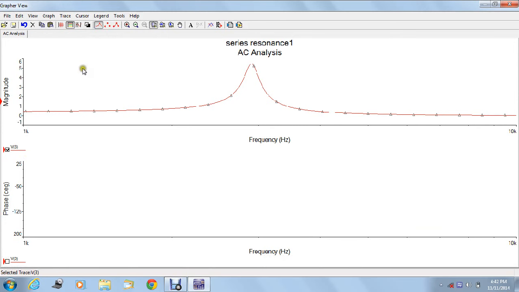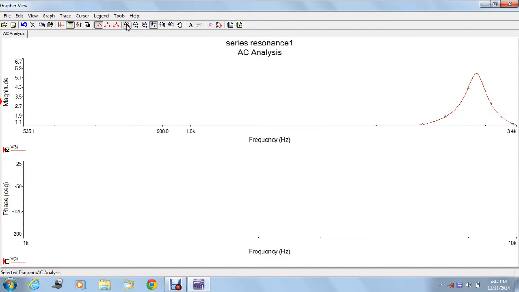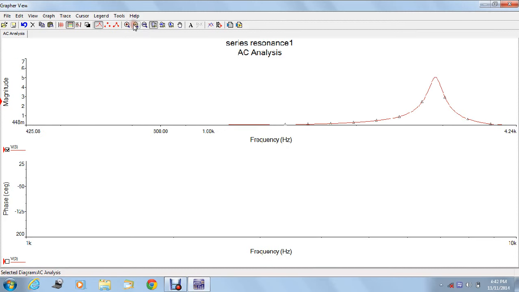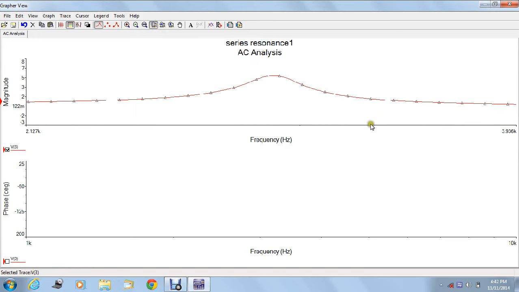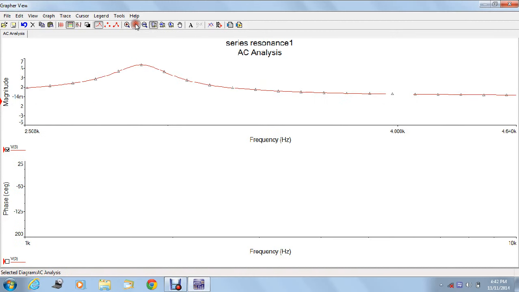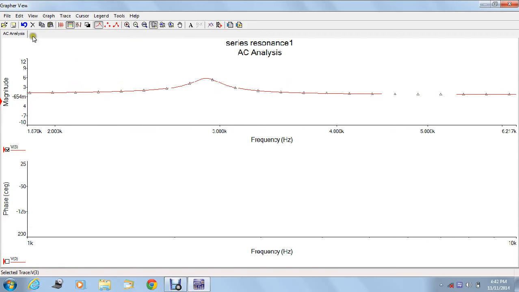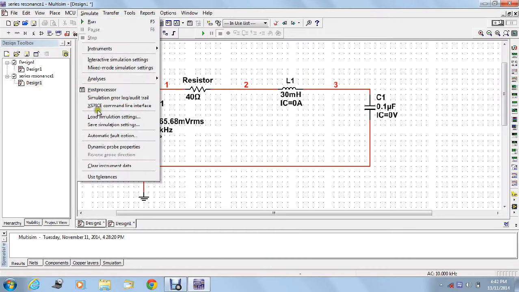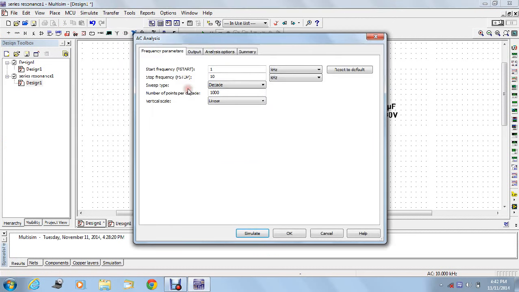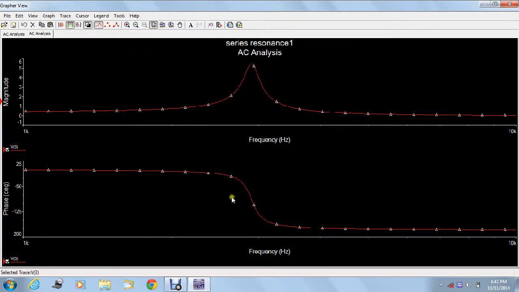Okay, this is series resonance. I'm going to zoom this graph. So again, simulate, analysis, AC analysis, and already we are having a setting, so directly this graph is here.